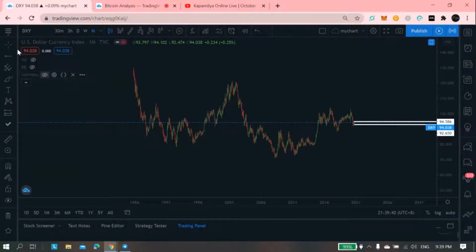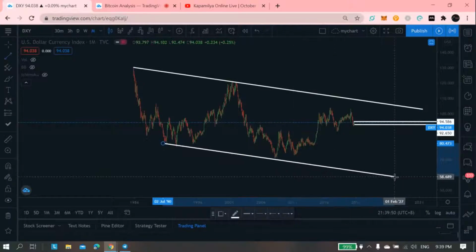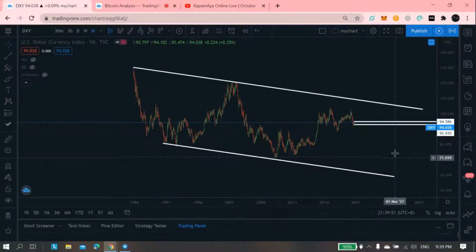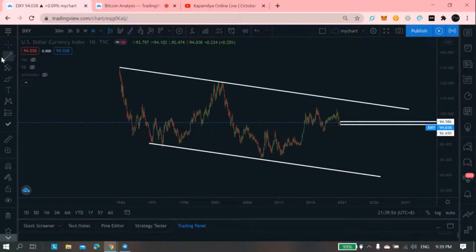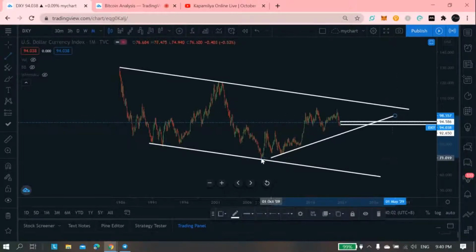Using this monthly time frame, let's just use this one.